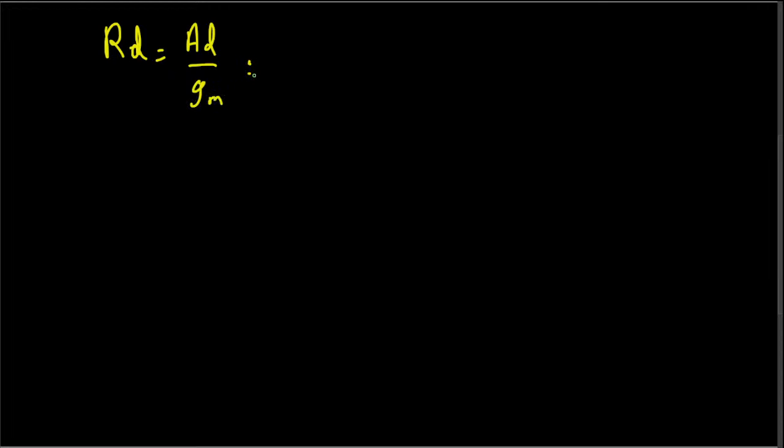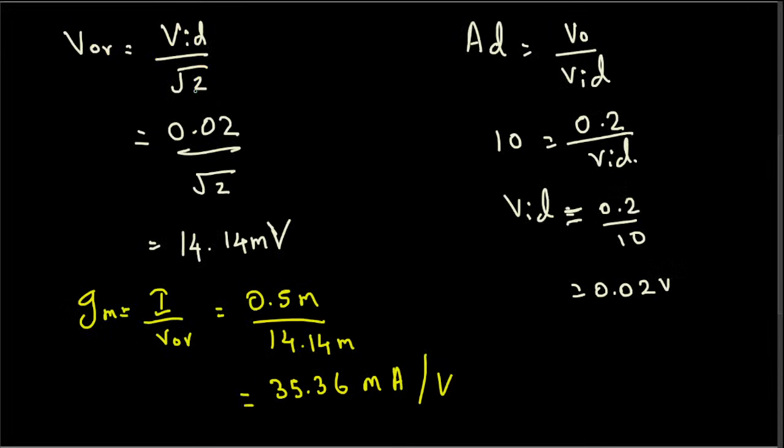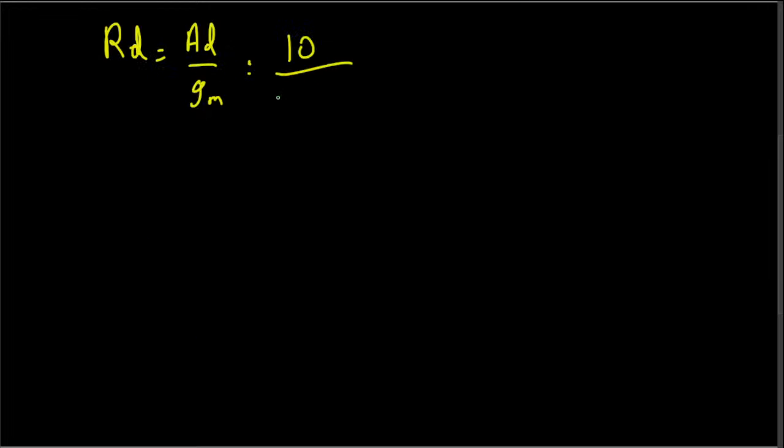AD is readily available, 10, and gm is the one we did a lot of steps to find, that is 35.36 milli. If you solve for it, you are going to get 282.81 ohms resistance.